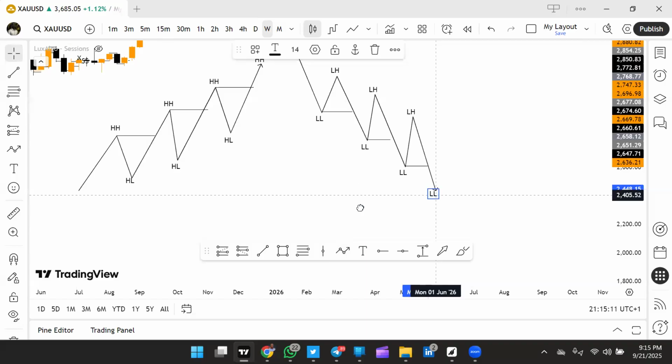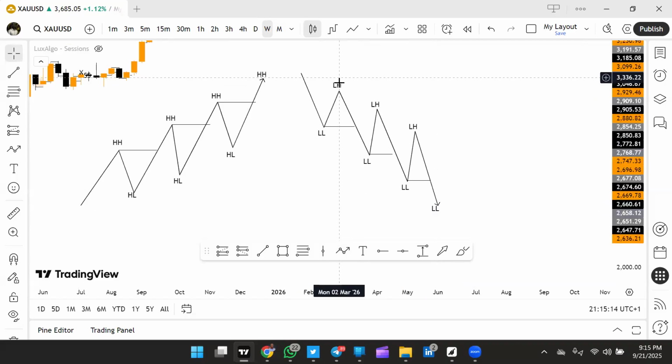In a downtrend, the market will give you a series of lower lows, lower highs, lower lows, lower highs, lower lows, lower highs, breaking structure to the downside.